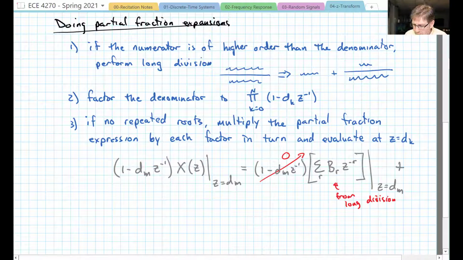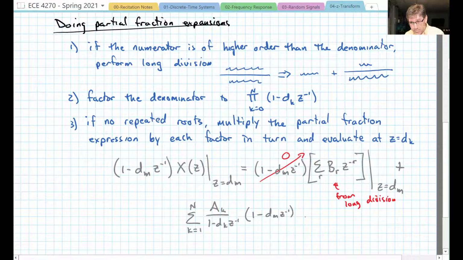Now we also add in our partial fraction expansion. We don't know our A_k's yet. That's what we're finding. We multiply this by 1 minus d_m z to the negative 1, evaluated at z equals d_m.